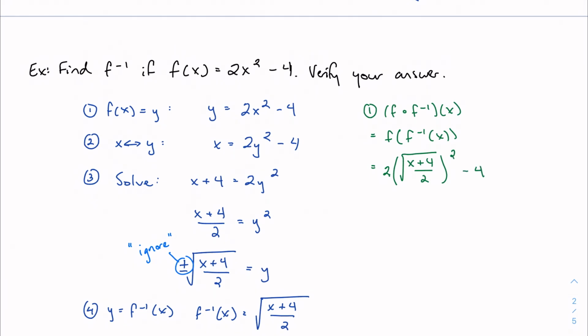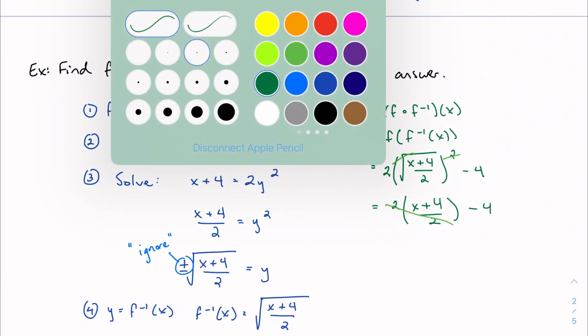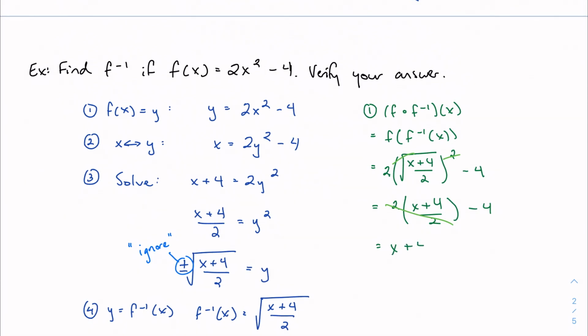And this one looks a little bit tricky, but it's okay. I notice that my square root and my square will cancel out, which will be helpful. So it leaves me with 2 times x plus 4 over 2 minus 4. So my 2 and my 1/2 will cancel out. That leaves me with x plus 4 minus 4, which equals x, which is nice.